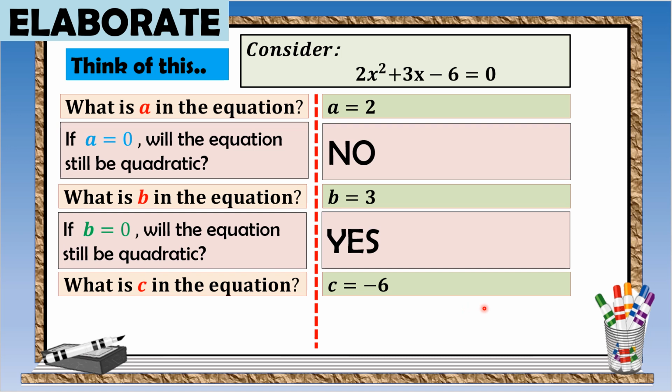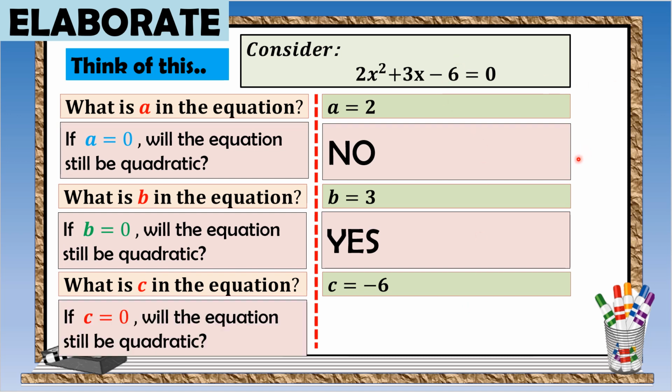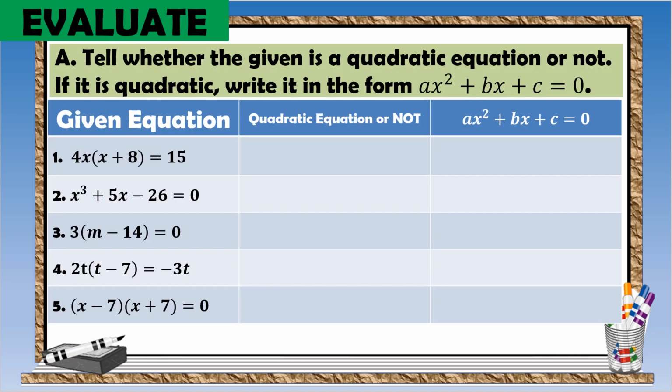So c is negative 6. The next question is, if c is equal to 0, will the equation still be quadratic? We still have the answer yes. Okay, it's your turn. By the way, you can pause this video to do it alone.